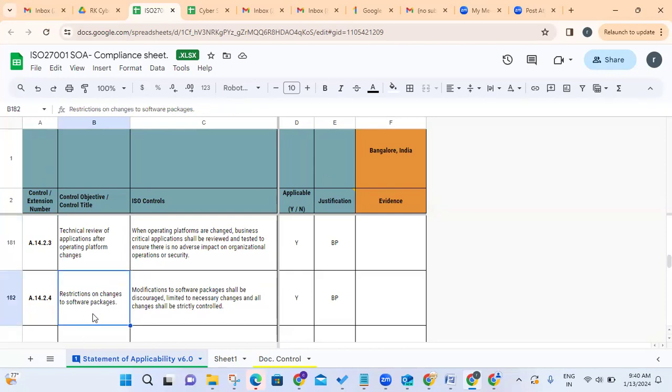Restrictions on changes to software packages. Whatever third party software we are using, like OpenJDK, Spring Boot framework, Oracle Java, Angular, React JS, Node.js, or any other third party software, we must check whether that software package can legally be used at our organizational level or not.